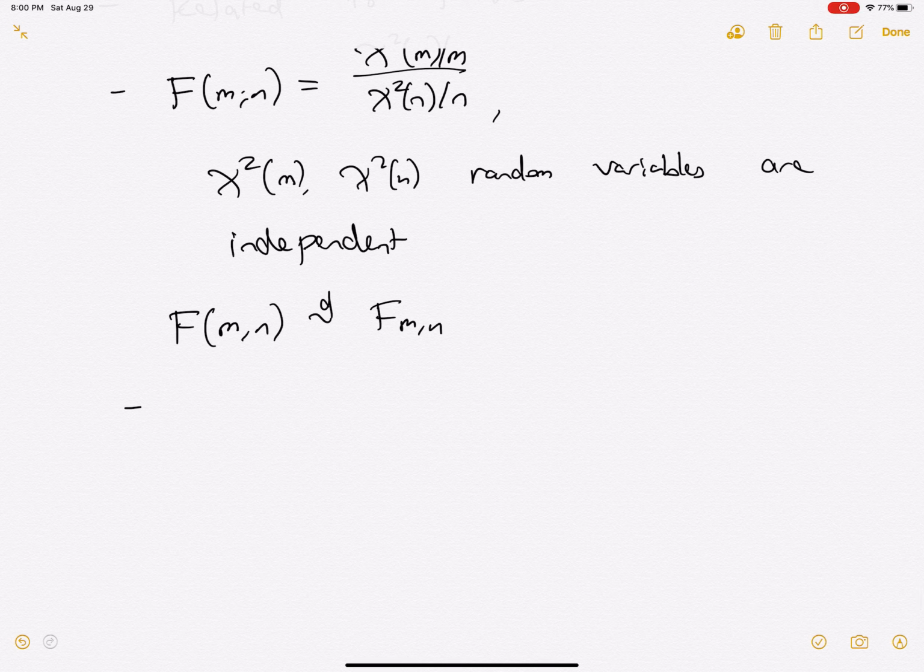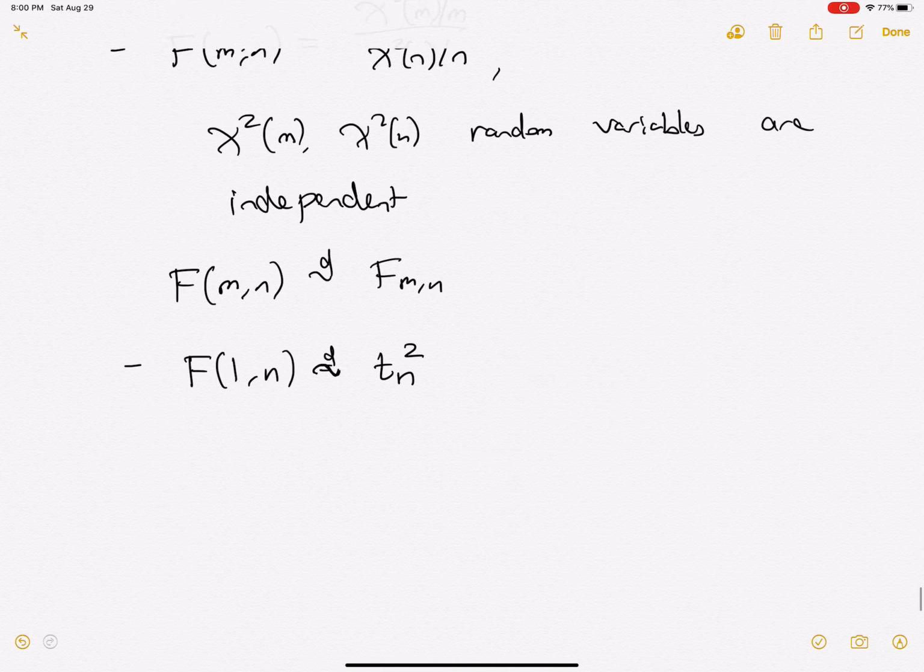What do we get if we plug in f of 1 n? This gives you exactly the same distribution as the t distribution. So I should use this notation here. If you look at f of 1 n, this is t n squared. This is one relationship that you can think about to remember that.